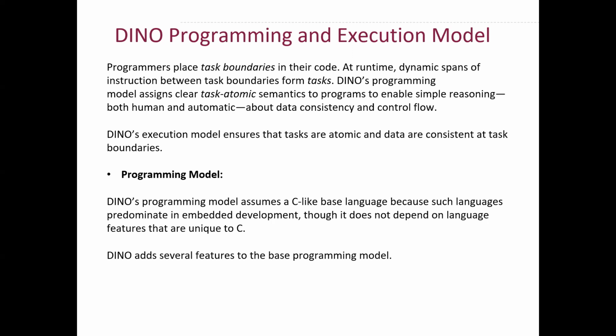So basically, DINO helps you identify where in your code you can place these task boundaries such that your code does not violate any atomicity violations, any idempotence violations, and at the same time, it satisfies the control flow and the data flow in your program. So this was more like what the idea is.